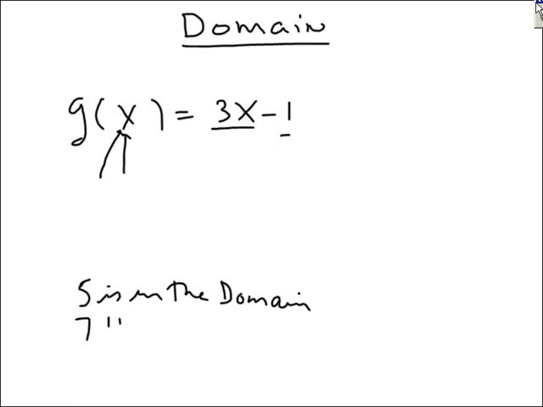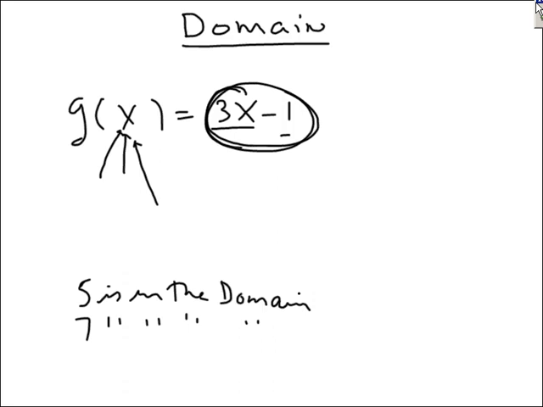So 7 is in the domain. These are the inputs, and what comes out, like the 20, that's the output. Whatever you could put in for x, whatever you can put between the parentheses, that is called the domain. Actually, what you get out is called the range.